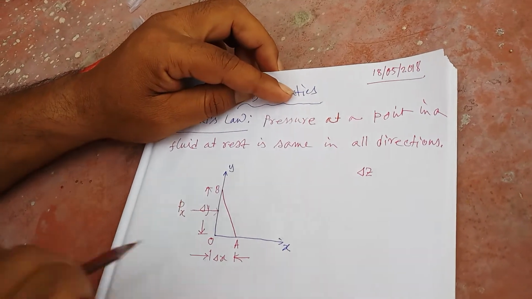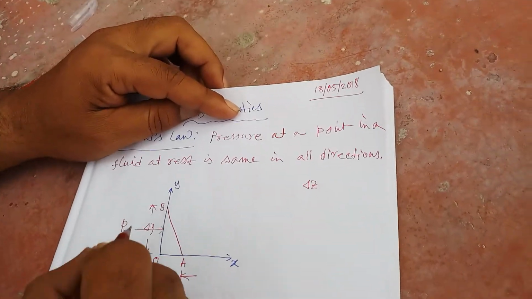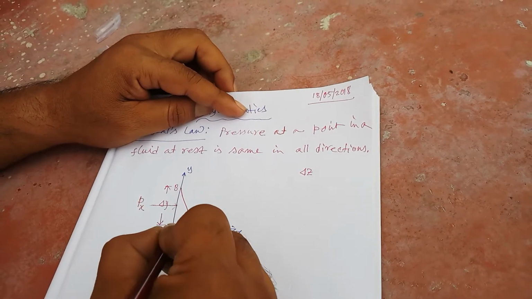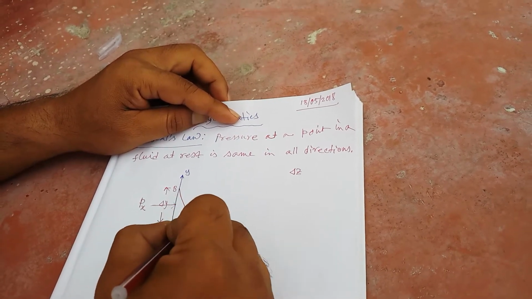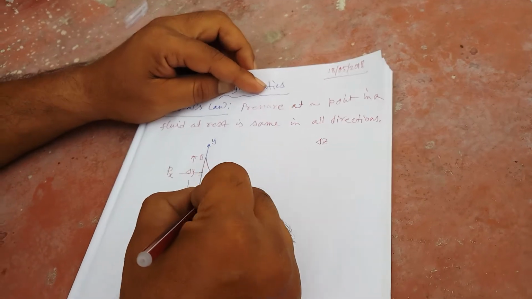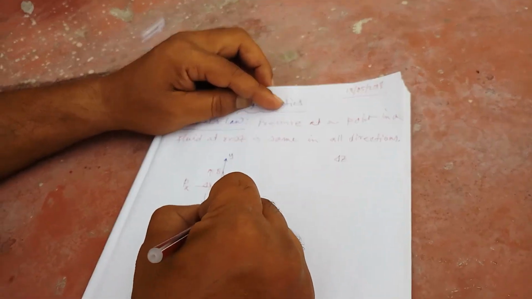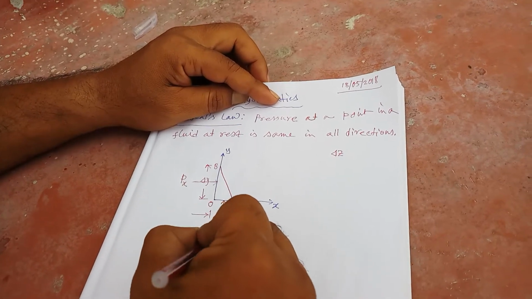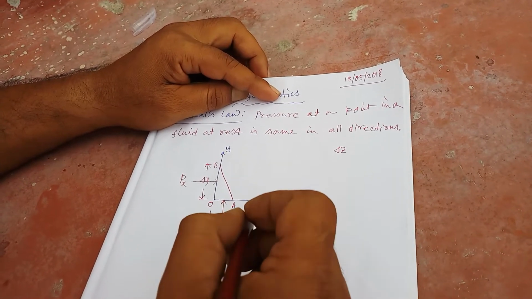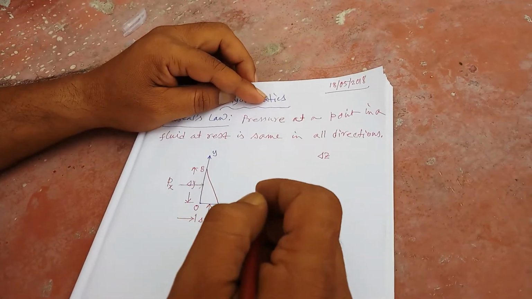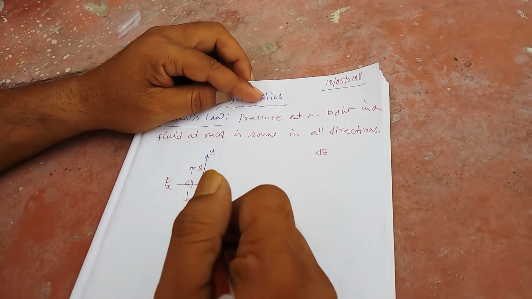Why x? Because it is in the direction of x. That's why Px. Similarly, the pressure on the rectangular area on edge OA is denoted by Py. Y means it is parallel to the y direction. That's why y is taken.